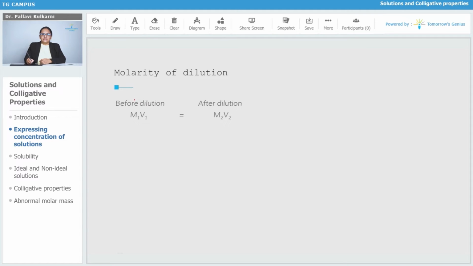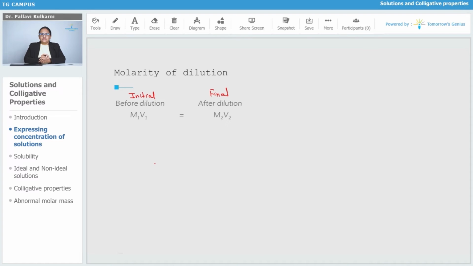Here you can see two cases. This one is the initial case before dilution, and this one is the final case after dilution. Molarity before dilution is M1 and after dilution is M2. Volume before dilution is V1, after dilution it is V2.